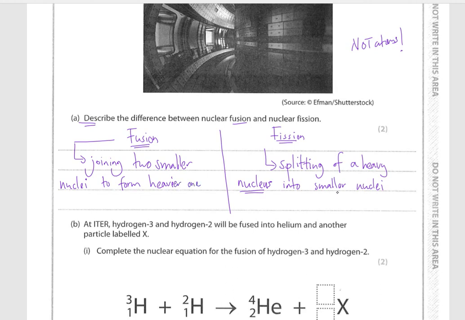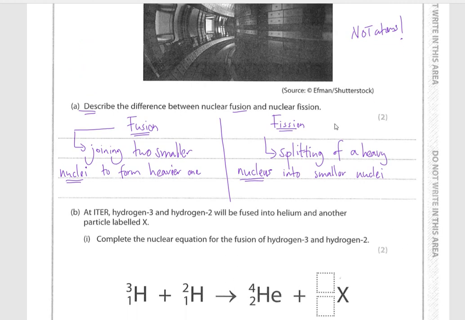So that's what's happening. The word we need to be using is nucleus because we're joining the nuclei together, not the atoms, because we don't care about the electrons. If you remember, atoms have the nucleus and then the electrons. But here we're only dealing with the nucleus, just the inside. So we need to be careful there when we revise.